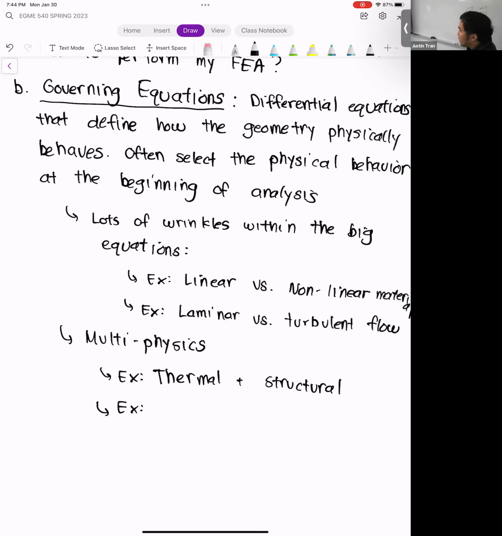What he was concerned about is that if he's braking too fast, that's going to put too much thermal energy into his brakes, and that might make the material too soft. It might actually cause the material to break. So he had to do a combined thermal and structures analysis to make sure that his vehicle was not going to break down.